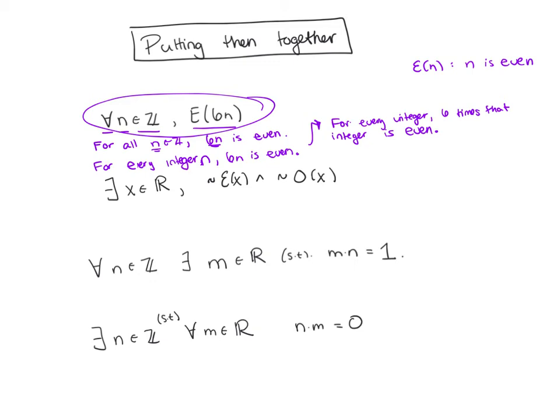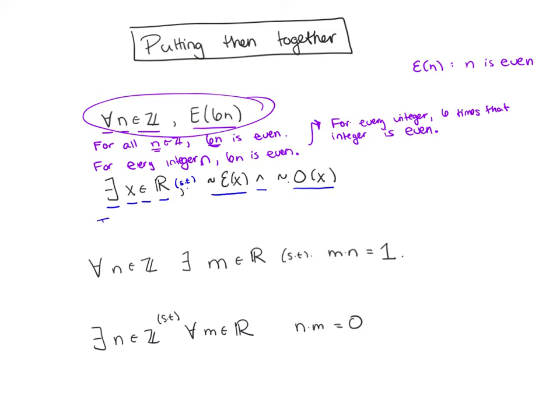For the next one, again, let's just read it off symbol for symbol. There exists some x in R. I always put in a little implied "such that" after there exists. Such that it is not the case, not E of x, and not O of x.